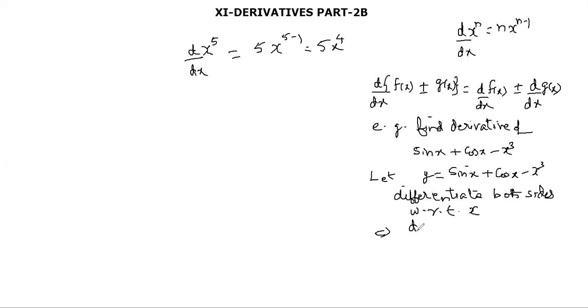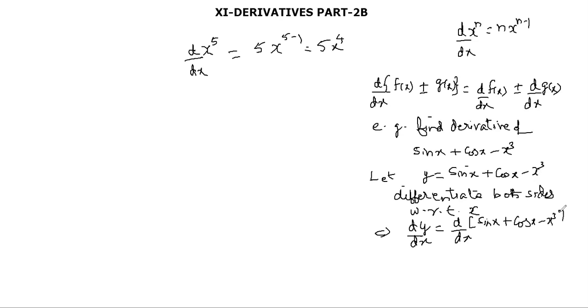So d by dx, that means you have to put d by dx on both sides. Differential means d by dx. So we are putting d by dx on both the sides: d by dy on the left hand side and on the right hand side also d by dx of sin x plus cos x minus x cube.